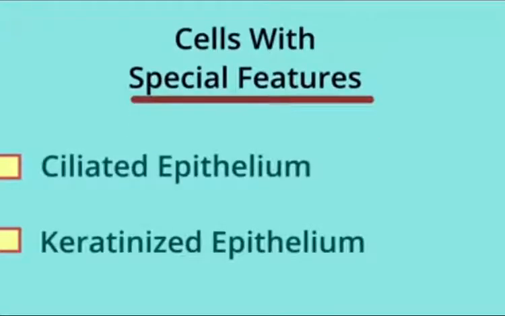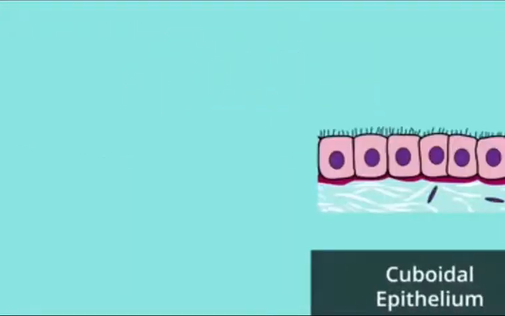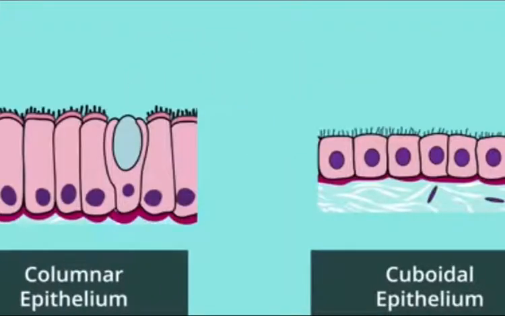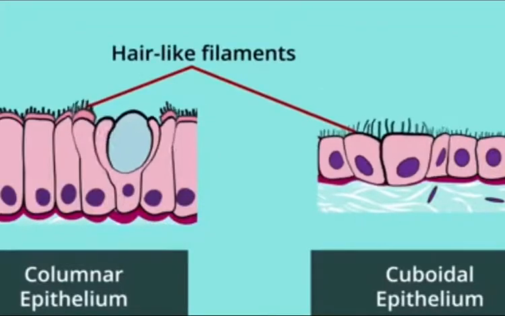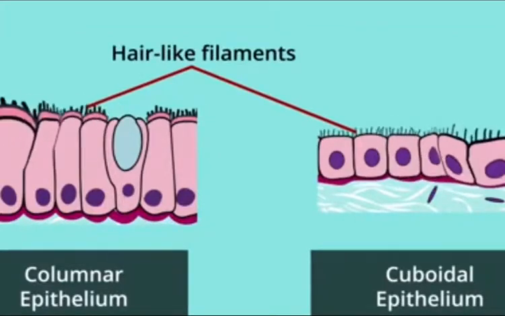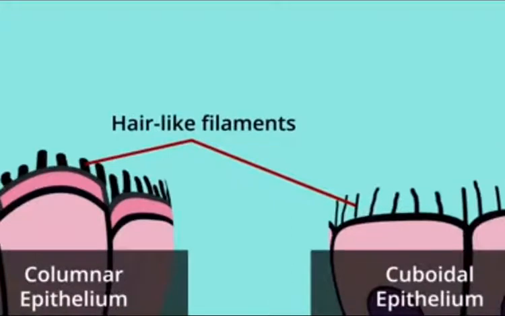Next one, cells with special features, called ciliated epithelium and keratinized epithelium. Columnar and cuboidal epithelium have hair-like filaments, and hair-like filaments are called cilia. That is the name ciliated.